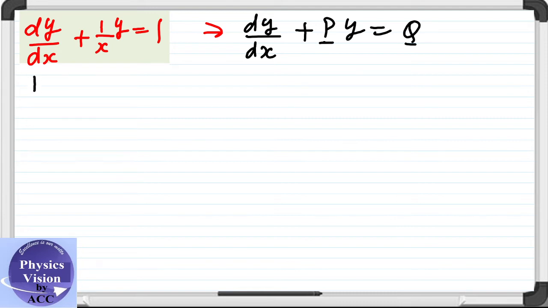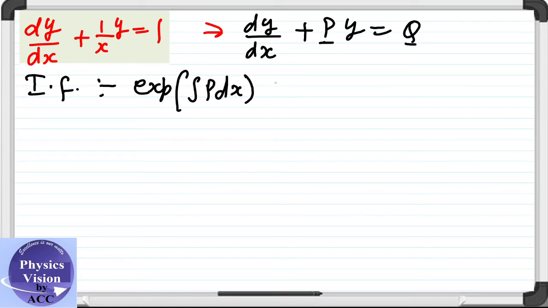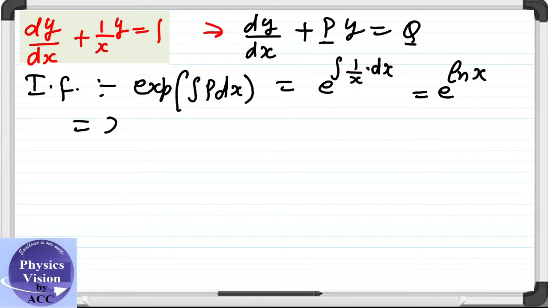Solving this, firstly we will calculate the integrating factor, which is given by exponential of integration of p dx, which is equal to e raised to the power integral of 1 by x dx. Integration of 1 by x is log of x, and e raised to the power log x gives you simply x. So the integrating factor is x.